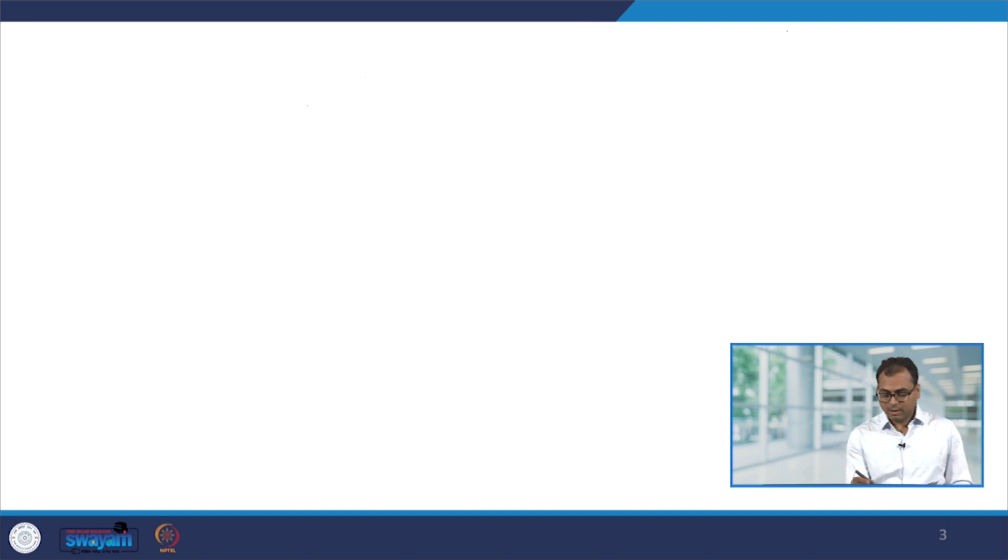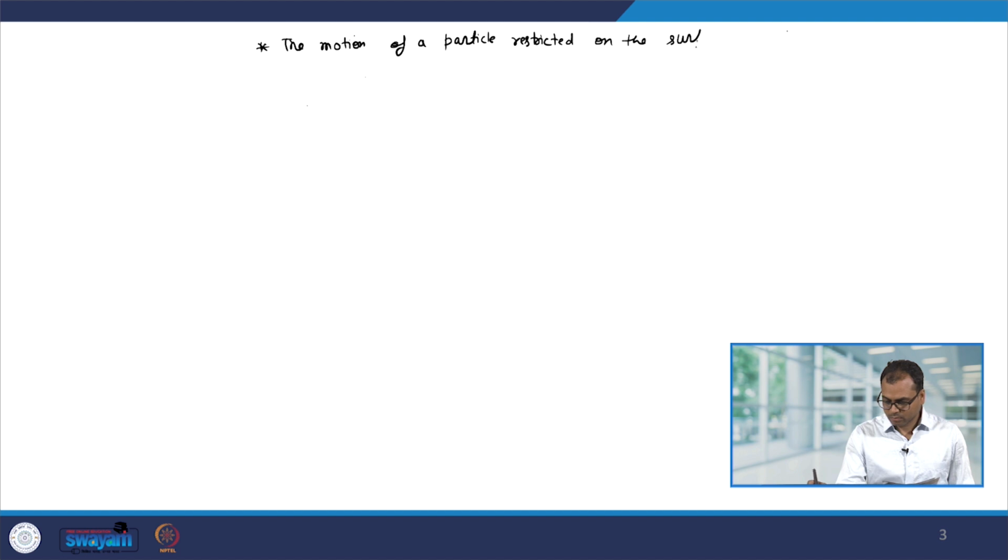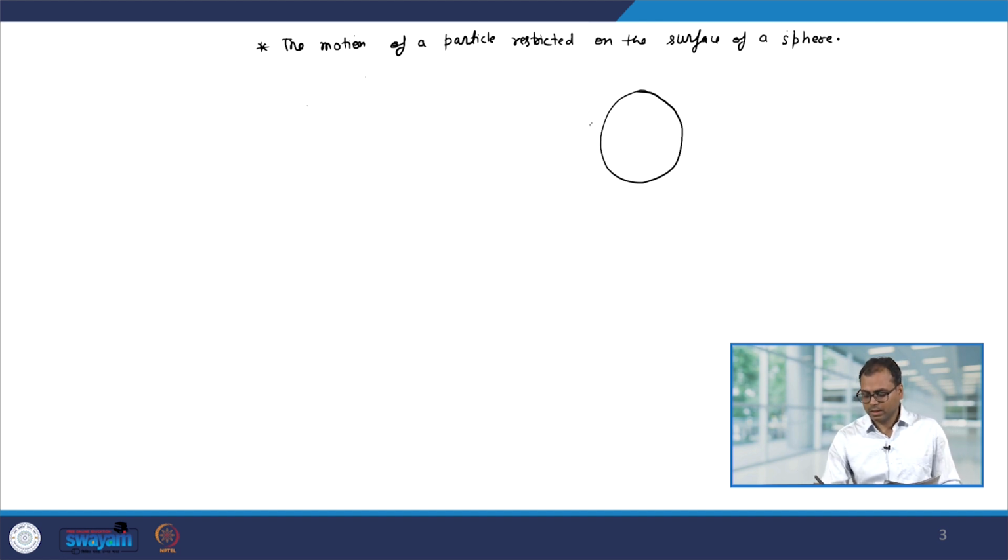So, for example, let us look at the motion of a particle which is restricted on the surface of a sphere. Let us say this is the sphere and a particle can only move on the surface of the sphere.